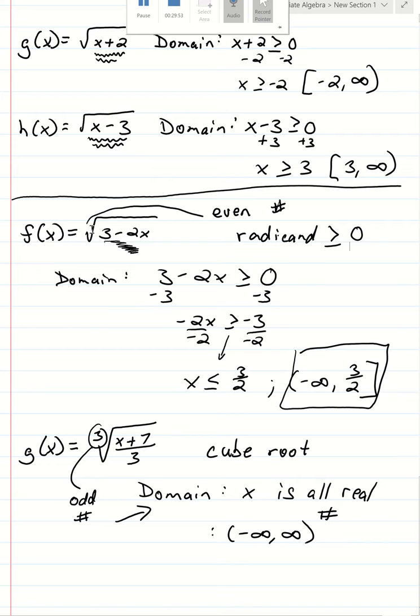Whether it be no number there, which means it's a square root, or the 4th root, or 6th root, or 12th root, since those are all even numbers, your radicand must be greater than or equal to 0. Versus if it's an odd number, your domain will be all real numbers.